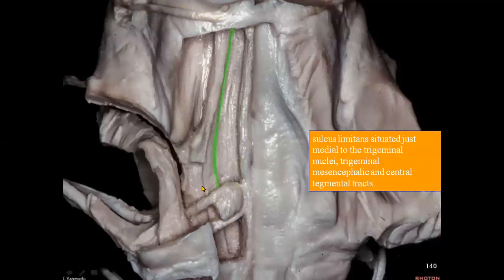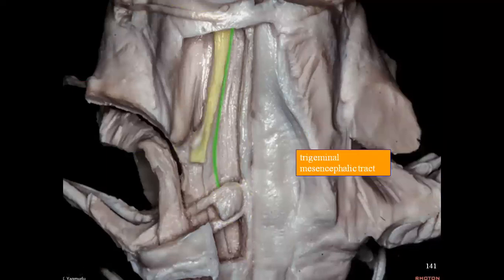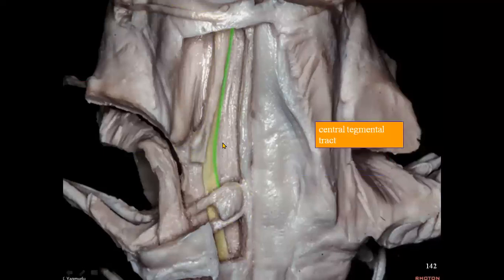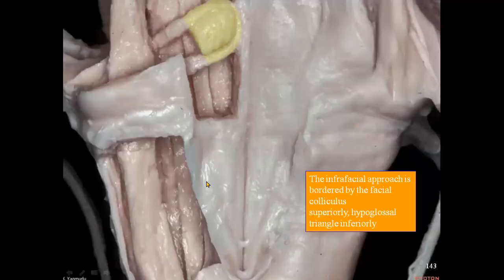The sulcus limitans is positioned just medial to the trigeminal nucleus, also the trigeminal mesencephalic and central tegmental tracts. Here is the trigeminal mesencephalic tract, and here is the central tegmental tract.